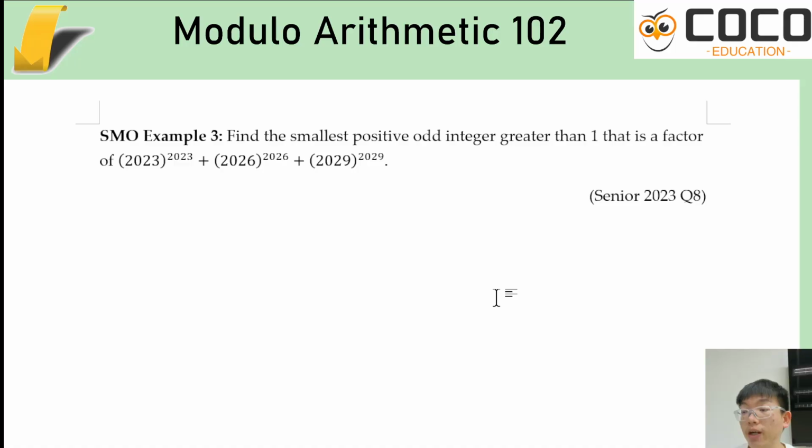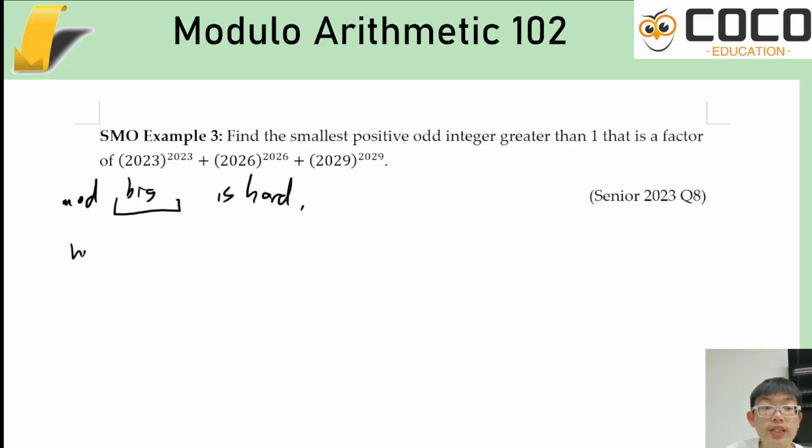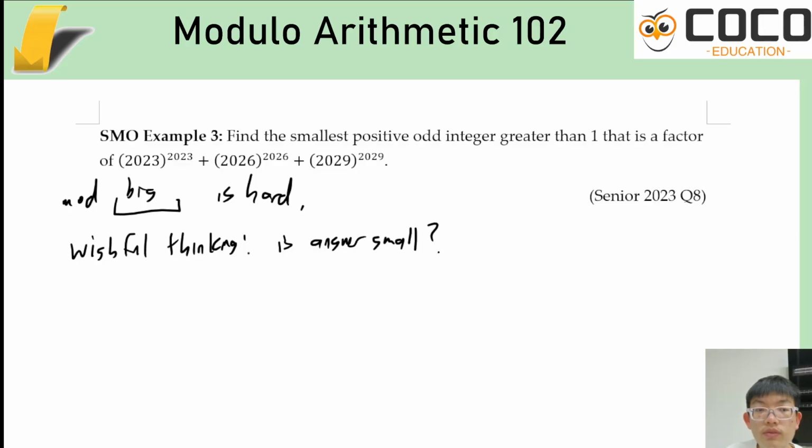Well, one thing that we can hope for, of course, is that since modulo something big is hard, we can use wishful thinking. Is the answer small? And how small?